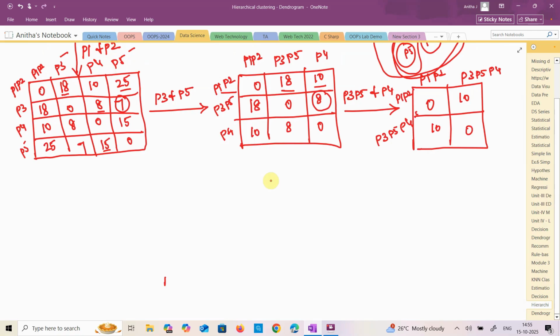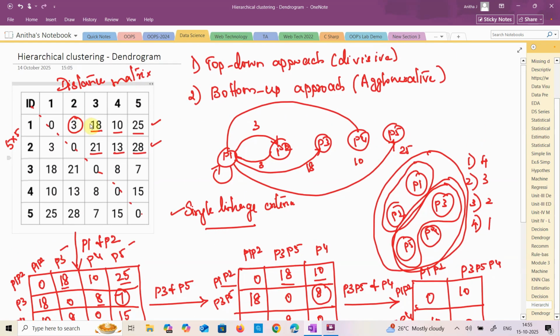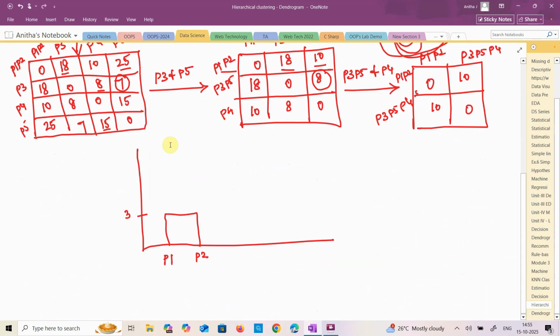These two get merged at a minimum distance of 3. You can see that initially we chose the minimum distance, which is 3.